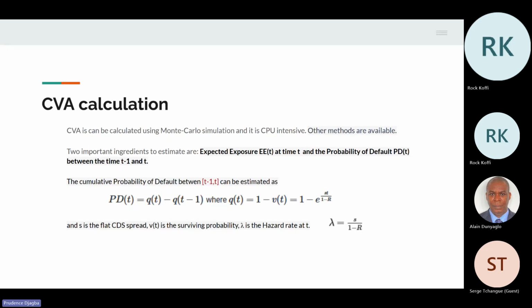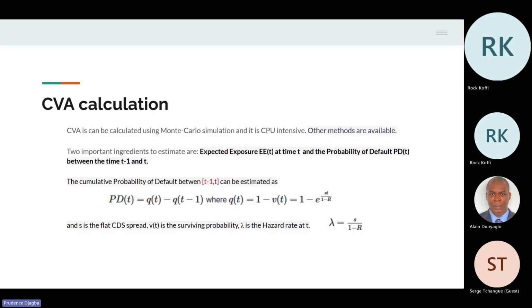But we have other methods known as sensitivity-based methods. Here, the probability of default can be estimated as 1 minus exponential of minus lambda t, where lambda is the hazard rate. The hazard rate is the probability of default at time t, conditional on there being no default in the previous year.